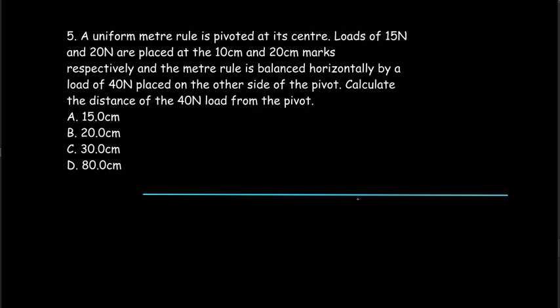Since it's a uniform meter rule, not a uniform half meter rule, 100 cm is going to be the extreme end, 0 cm at the extreme end towards the left, and at the midpoint where it is pivoted at its center, it's going to be 50 cm. So I'm going to pivot here, 50 cm. Loads of 15 Newton and 20 Newton are placed at 10 cm and 20 cm marks respectively.